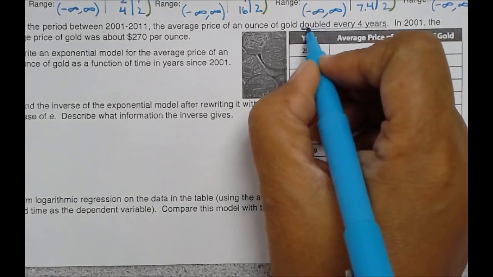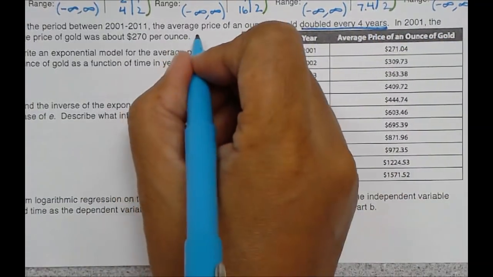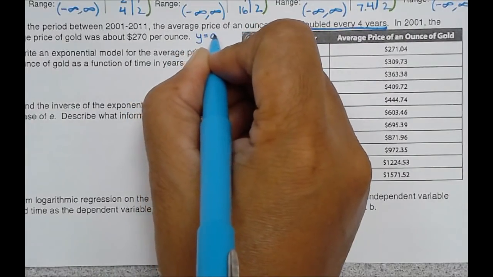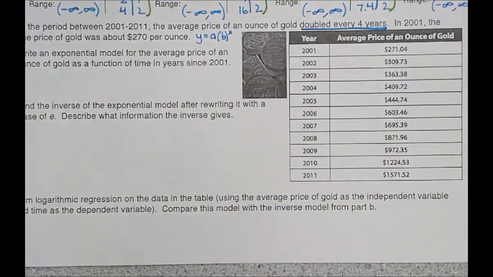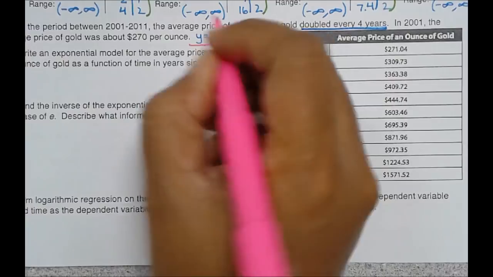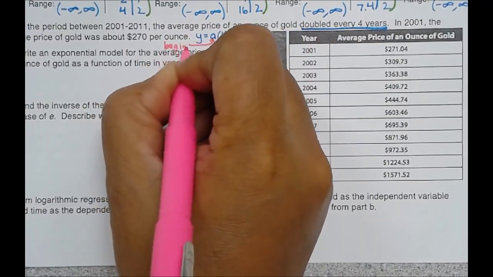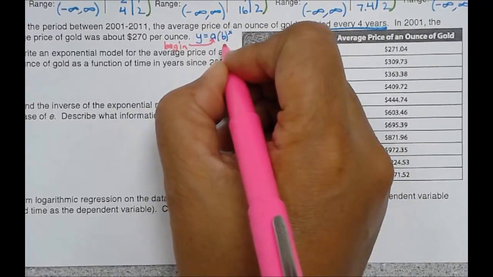So I'm just going to do a little refresher. If you don't remember, our formula for exponential is y equals a times b to the x. And the a is basically representative of your initial amount, or what you begin with, whereas the b is your rate.